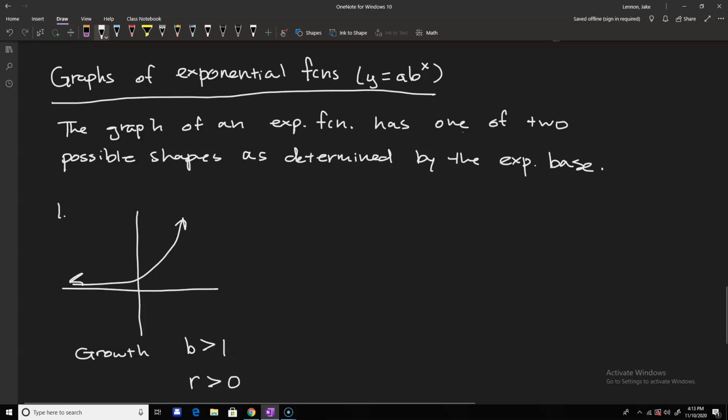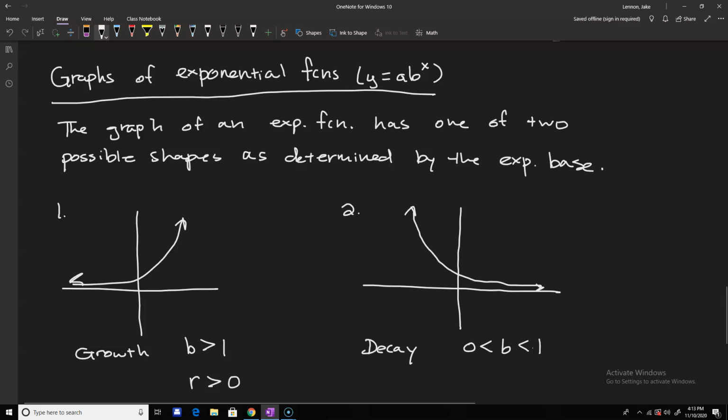That's what indicates growth. And then on the other hand, you could have decay, where your x-axis is the asymptote to the right, and you go to infinity to the left. So this is decay. And this happens when, remember, b has to be positive, so b is between 0 and 1, and that corresponds to values where r is less than 0.